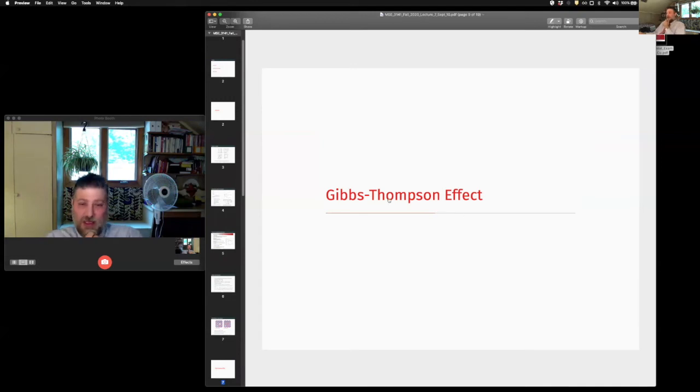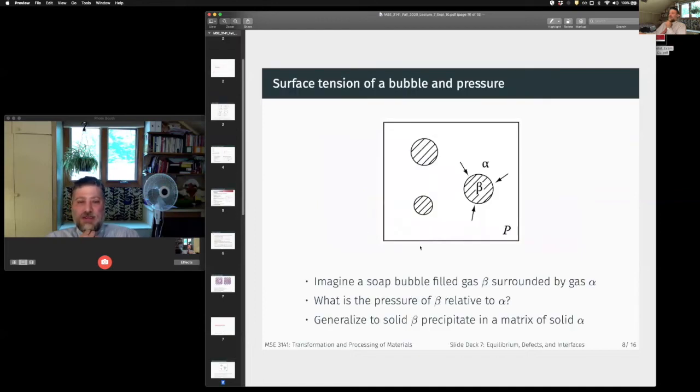I'm sorry. So anyway, the last thing I wanted to talk about today was the Gibbs-Thomson effect. And so imagine here for a minute, instead of thinking about solid phases, let's think about two gases. We've got a soap bubble of gas beta surrounded by an atmosphere of gas alpha, right?